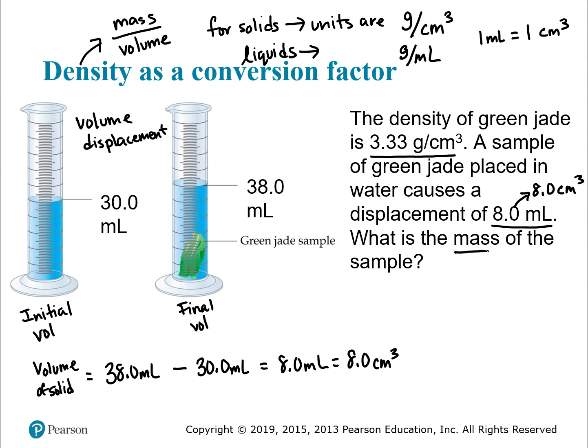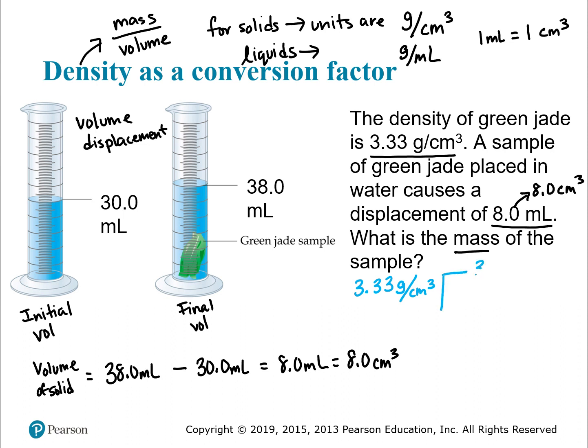This is where using density as a conversion factor comes into play. 3.33 grams per centimeter cubed. That's our density.